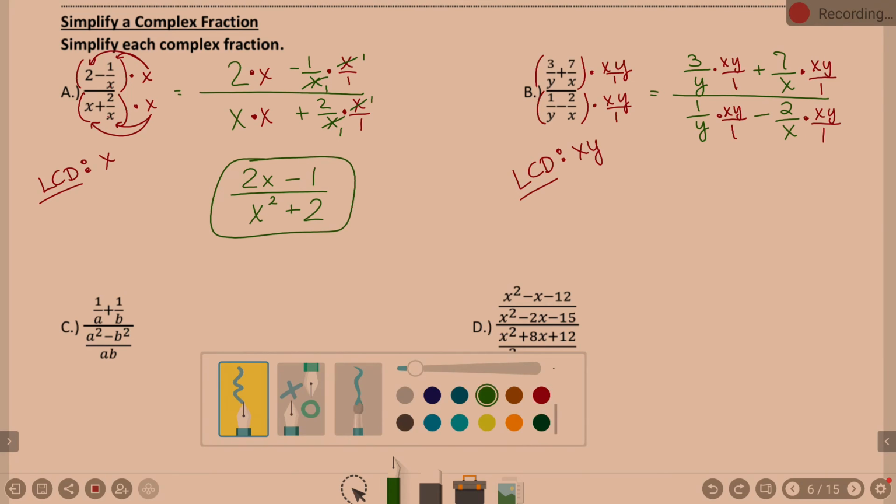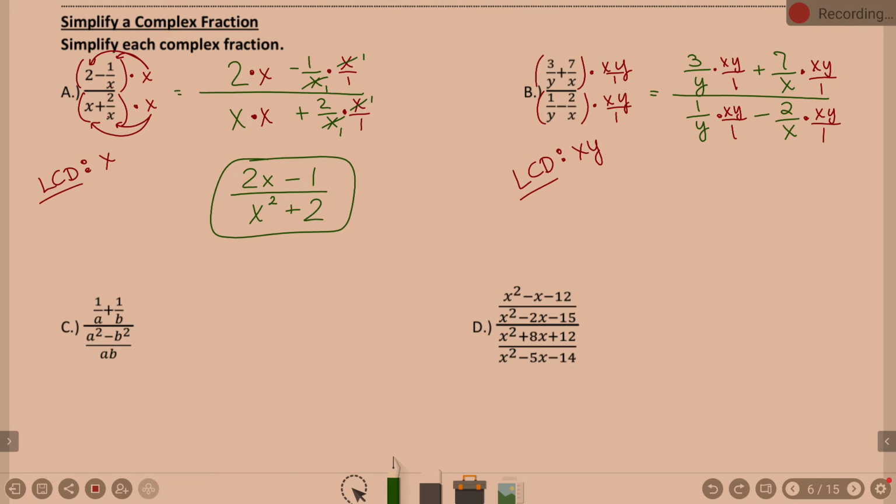Okay. 3 over y times xy over 1. What cancels? Y cancels with y, leaving me with 3 times x, 3x, plus 7 over x times xy. What cancels? X cancels with x, leaving me with 7 times y, 7y.